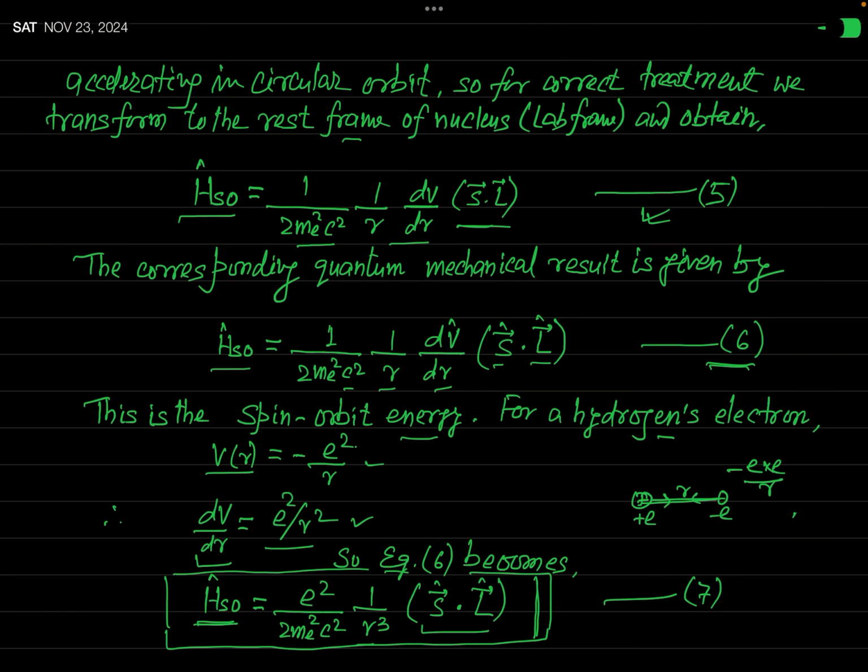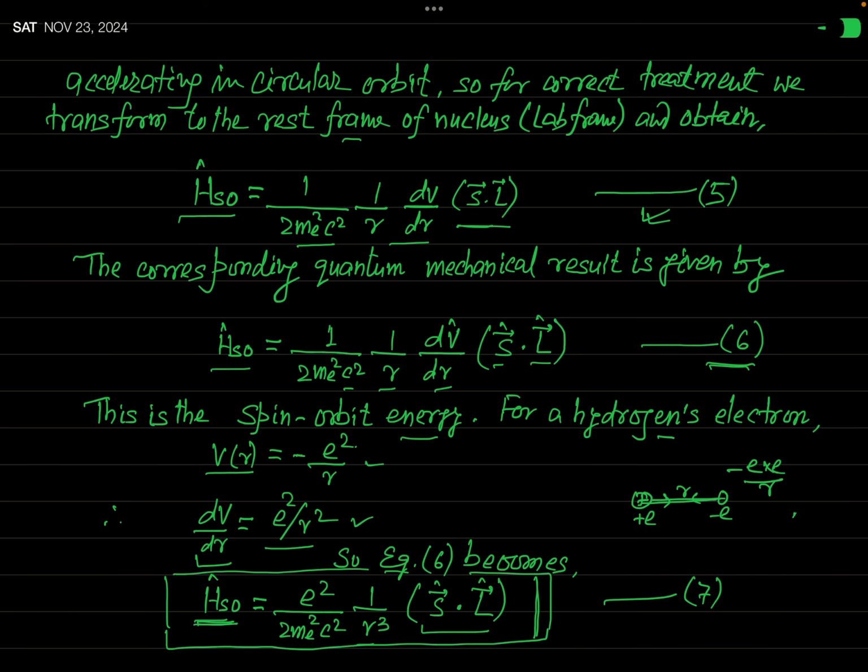Okay, and so in the unperturbed Hamiltonian, when you add this HSO, you will get the perturbed Hamiltonian H. And by finding the energy eigenvalue and the eigenfunction for that Hamiltonian, you can get the value for the energy correction.